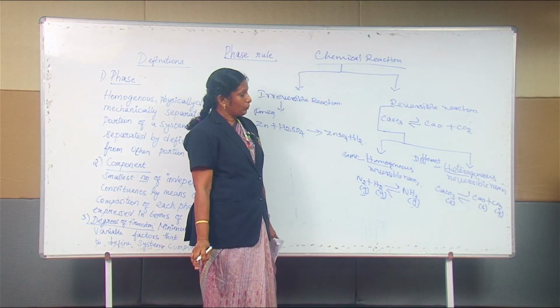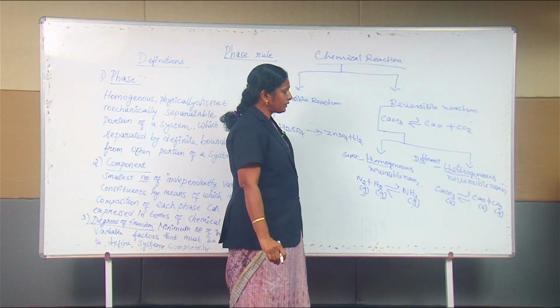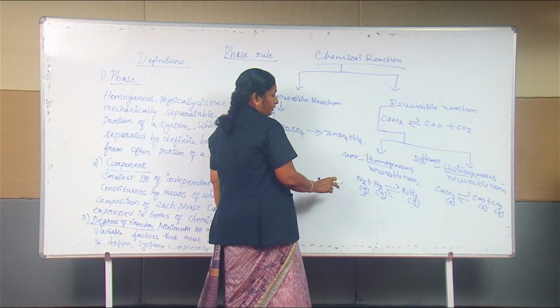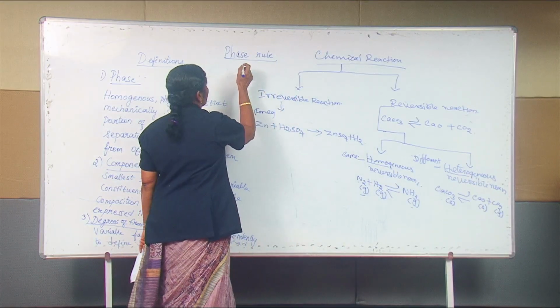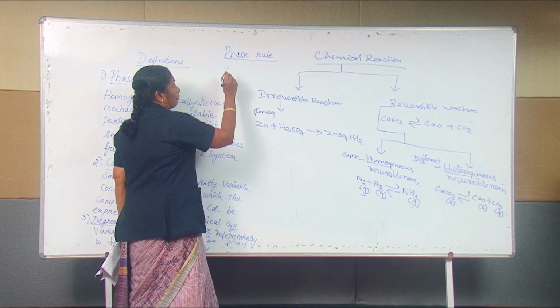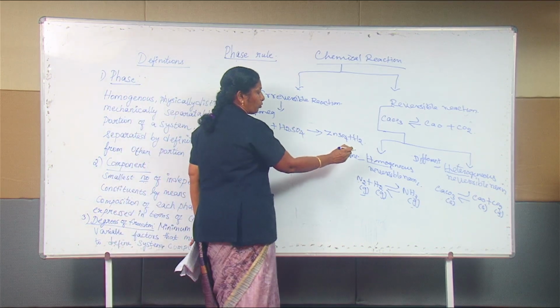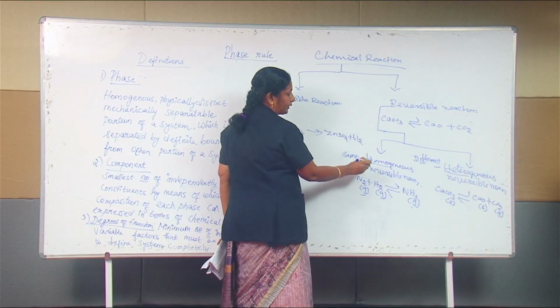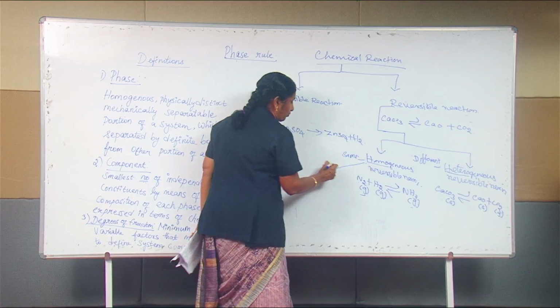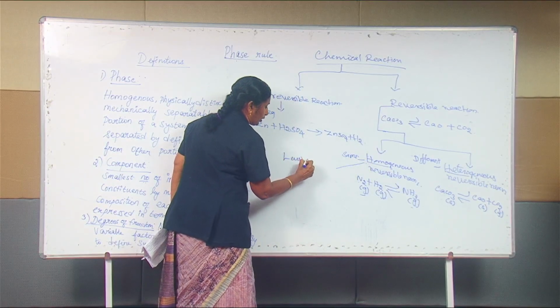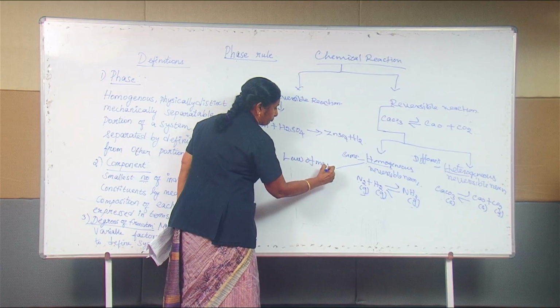Up to this, are you clear? The next thing is, why do we discuss the phase rule? In the case of a homogeneous reaction, it is studied by the law of mass action.